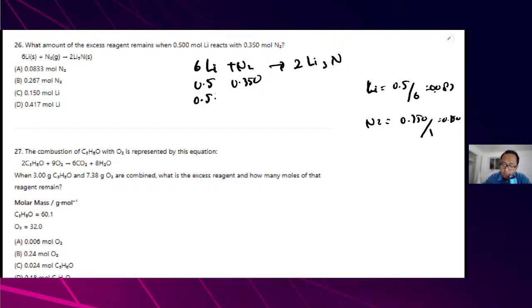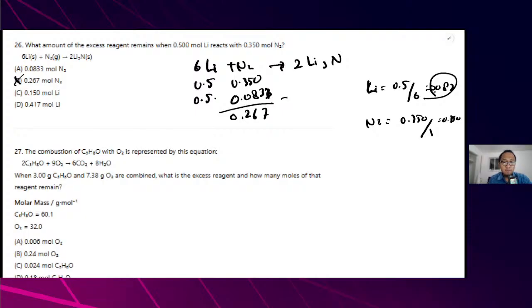It will be 0.5 here, and then we just multiply the previous amount, 0.083, by 1 over 6 times 2, and the answer will be 0.267 mole for N2.